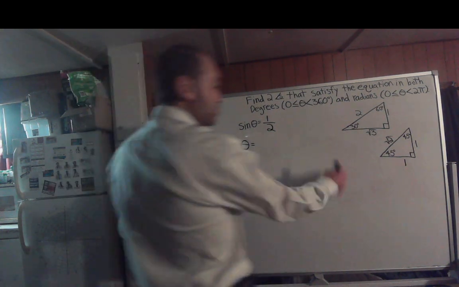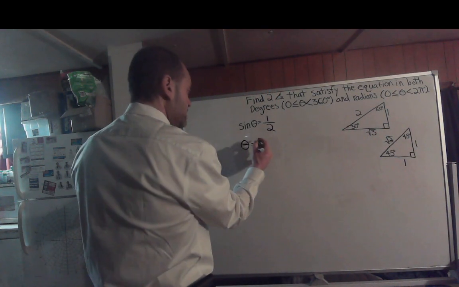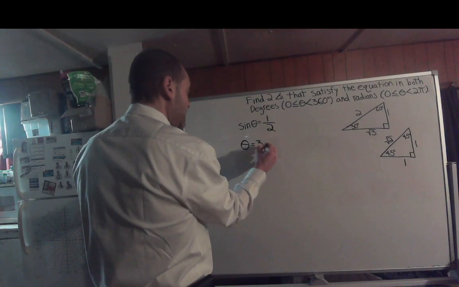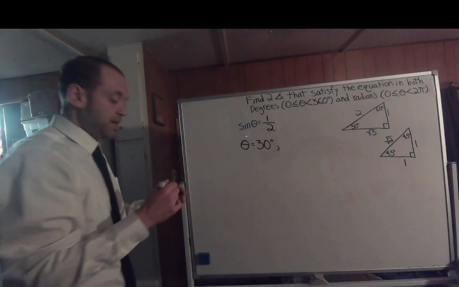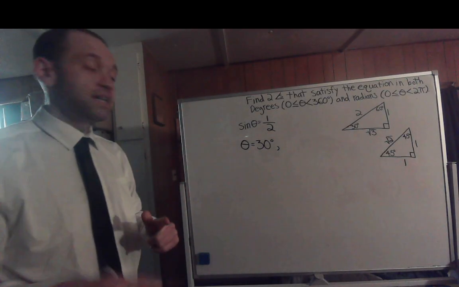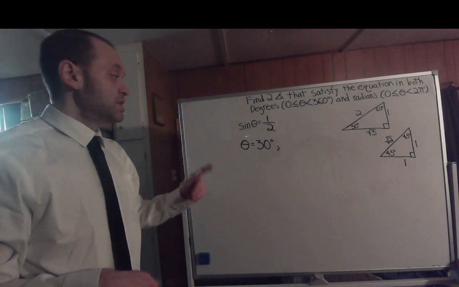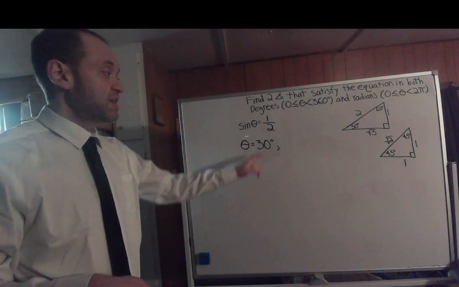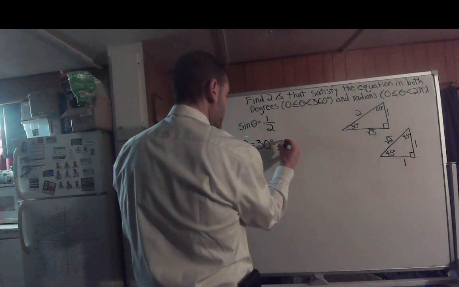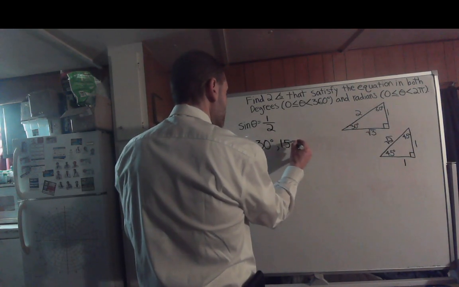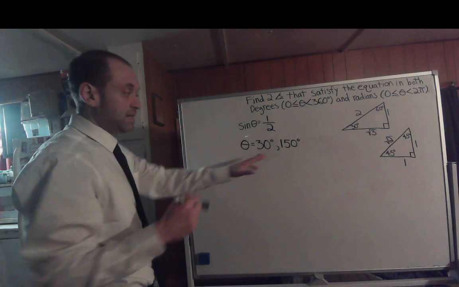Well, if you look at your triangles, the sine of 30 equals 1/2. So you'll definitely have a 30-degree angle. And then we've also stated that the sine is positive in the second quadrant. So that means you're going to take that 30, subtract it from 180, so 150 degrees would also satisfy this equation.